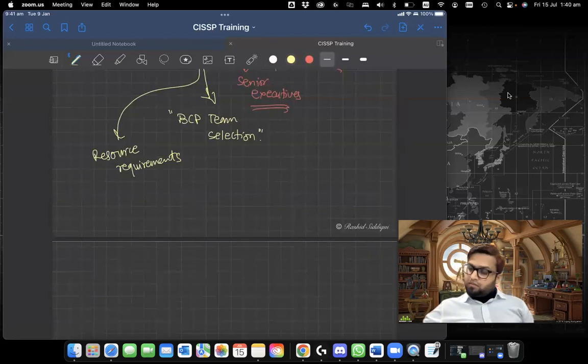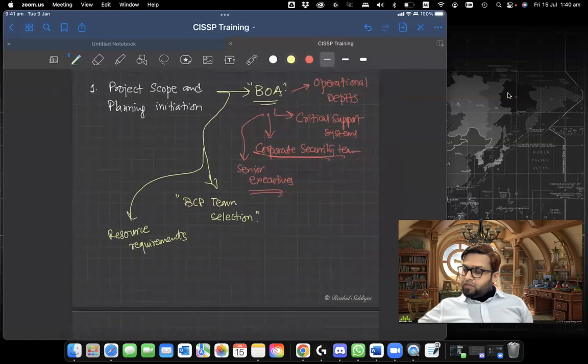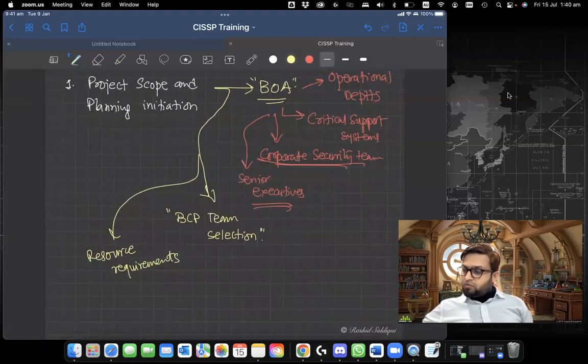We can get an idea of resources from when we identified operational departments and critical support systems; we already know what different resources we are going to touch.